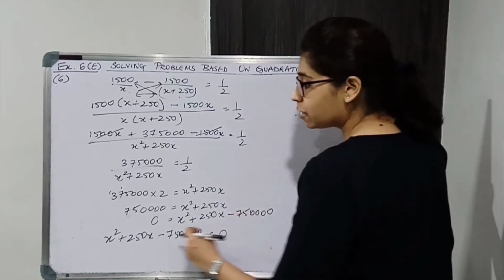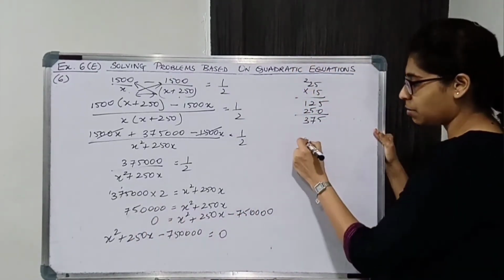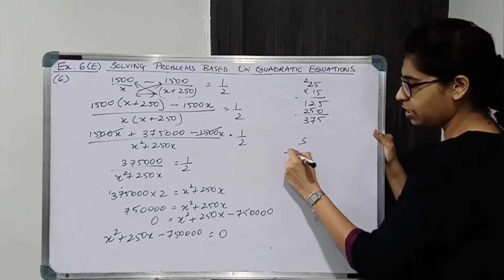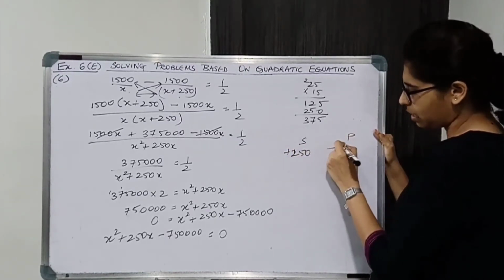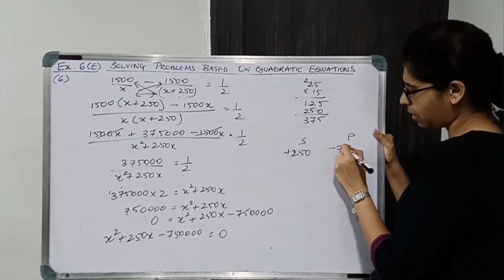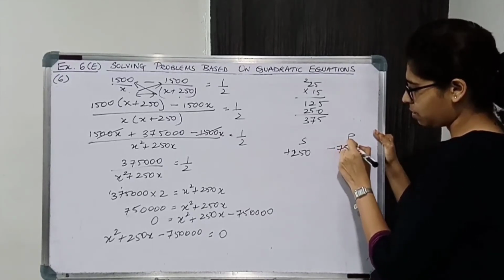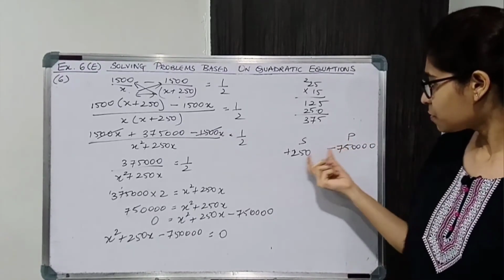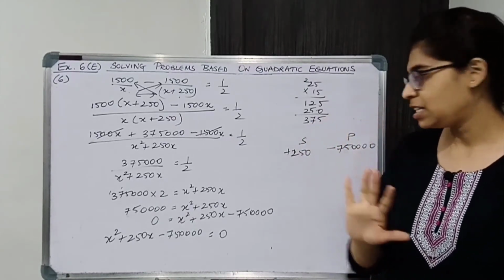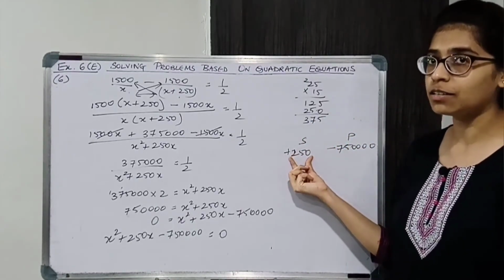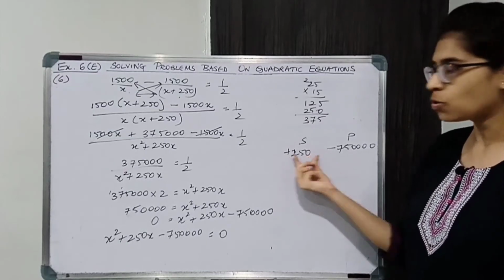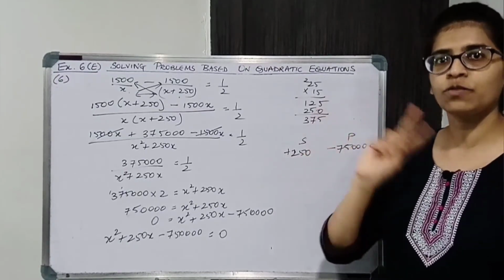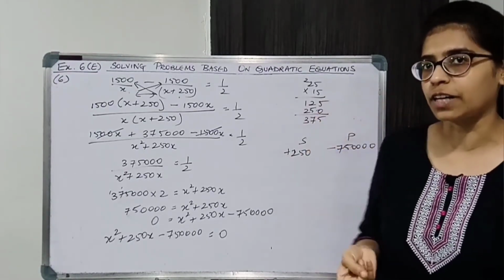Now how will you find the factors of this big number? Sum is plus 250, product is minus 75,000. Now the numbers will be having zeros. Okay, because 250 is the difference of the numbers. It will be a difference because the product is negative. Okay, so whenever product is negative you take difference of the factors.